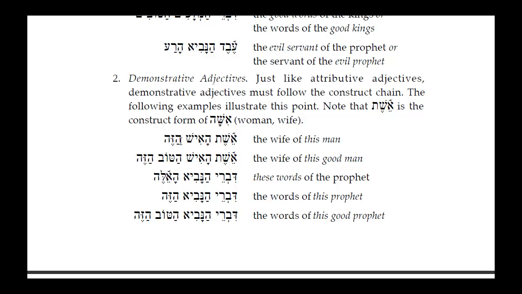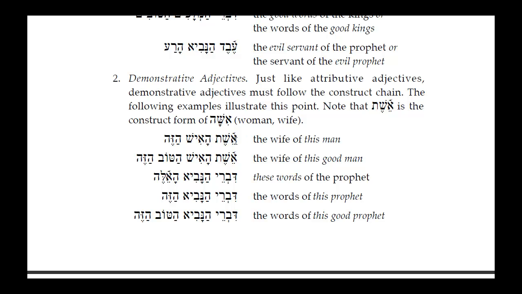Here, what we want to do is look for the demonstrative adjective. Hazeh agrees with Ha'ish in gender and in number. They're both masculine singular. So Eshet Ha'ish Hazeh, we would translate as the wife of this man.